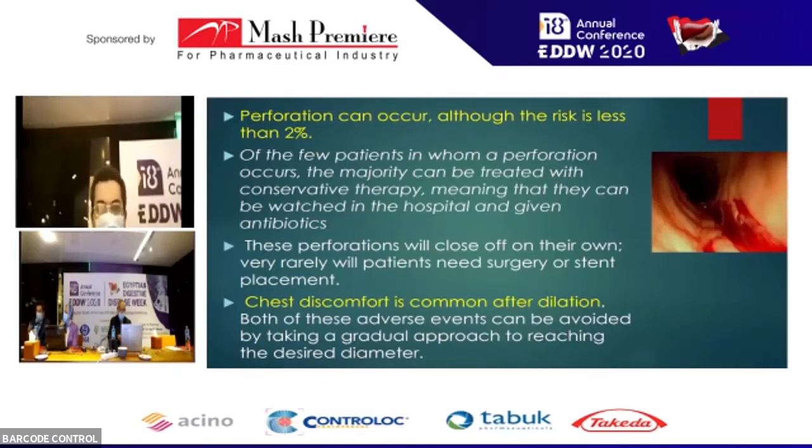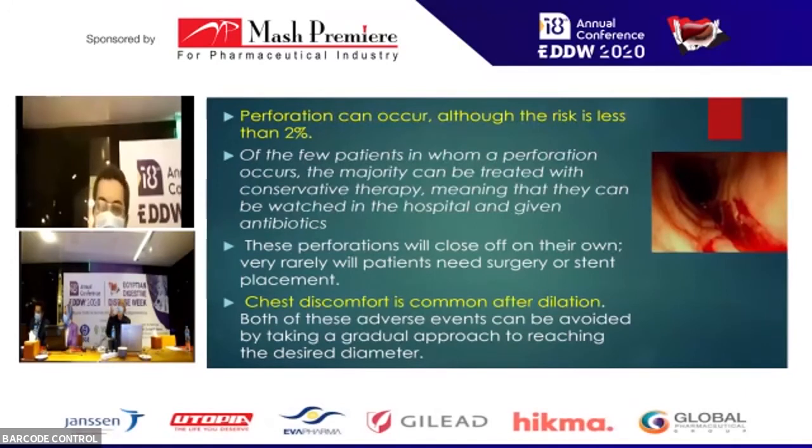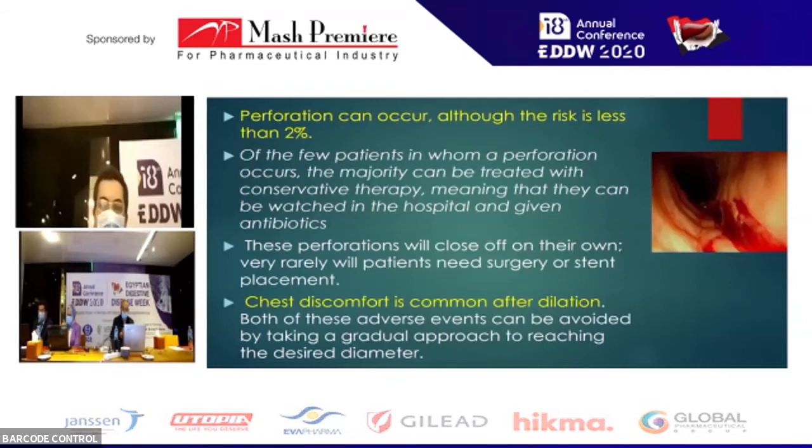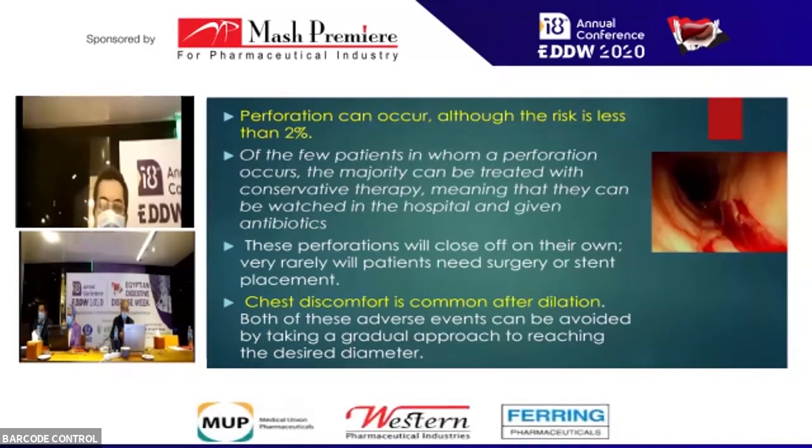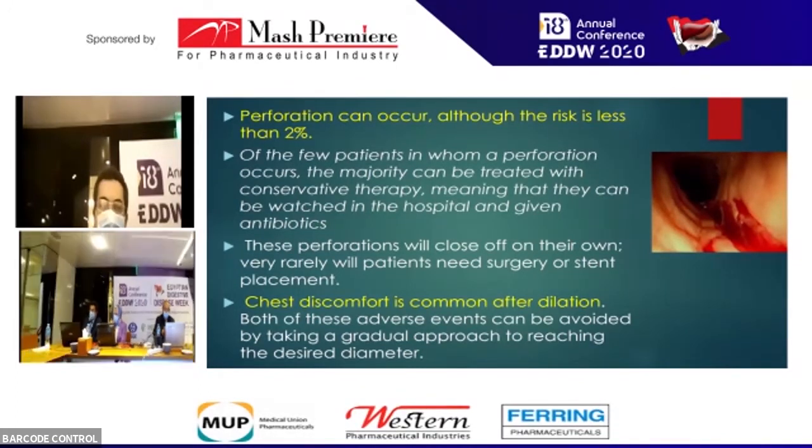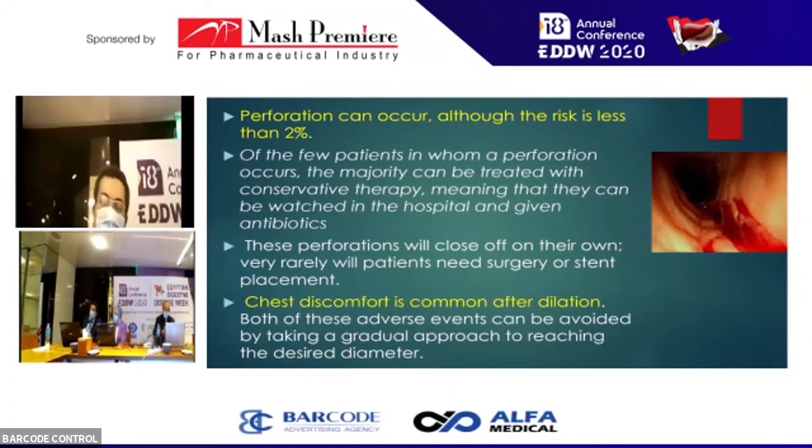If perforation occurs, do not panic. Most cases are relieved with conservative measures. Conservative measures means nothing per oral, admission to the hospital, fluids, and antibiotics. Some of them will need a covered metallic stent to help the situation. The other complication besides perforation is chest discomfort and pain.